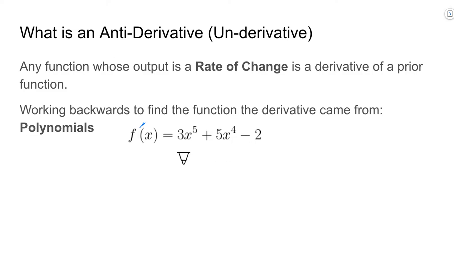So what I'm going to do is I know I need to add 1 to this exponent, and then I need to divide by that new exponent. So let's see. That's going to give me x to the 6th, right? The 3 is just coming along for the ride, and we'll see that it'll work. So then I get 6, and I need to divide by 6.